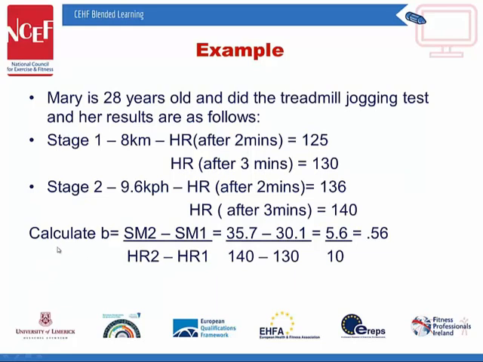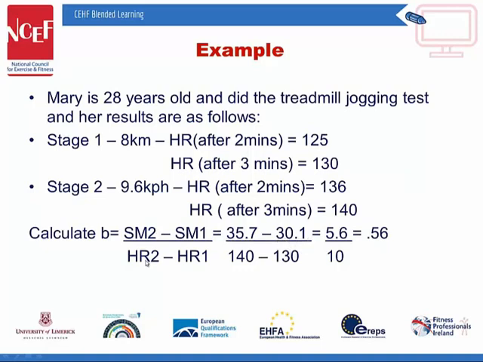The first thing we're going to do is calculate B. B is the relationship between the workload on the treadmill and the heart rate of the individual. If we remember back to our chart from the previous slide, SM2 minus SM1, submaximal workload 2 minus submaximal workload 1, we read those off the chart, which is 35.7 minus 30.1.